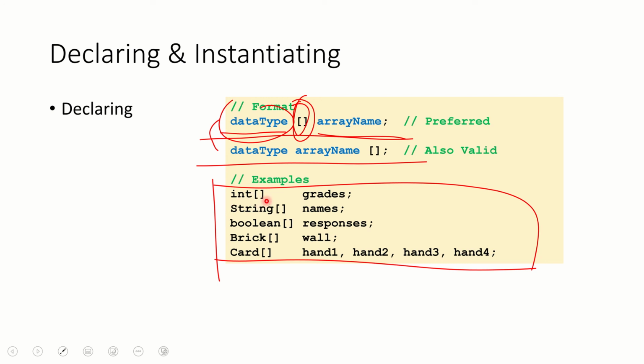Once you declare an array, you can tell this array stores the data type int. Okay, only int. For the name, this is the name you want to give. And this array can only be string. A boolean means this array only stores boolean data.